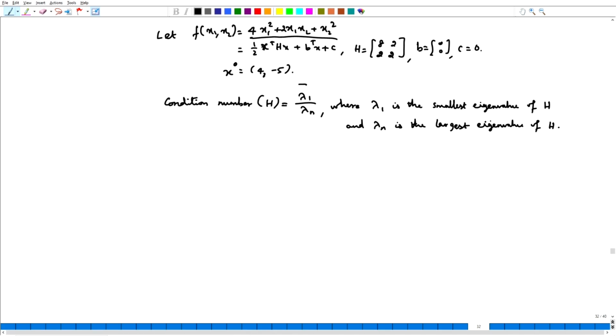Okay. And I will write down the statement that I just made. When lambda 1 by lambda n is close to 1, gradient descent converges to x star fast, okay.